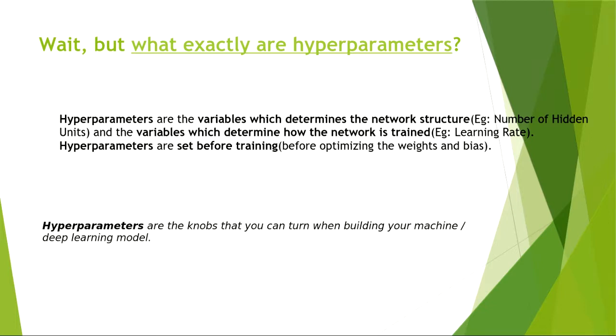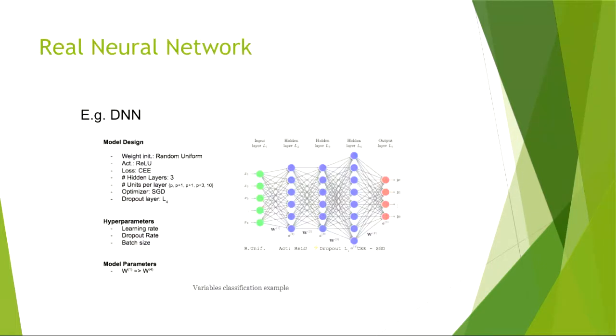Okay, and when we are setting these hyperparameters, we are setting them before training. That means before we try to optimize our weights and biases. So if I could show you an example, this is an example of a real neural network. Can you see here, this is the input layer.